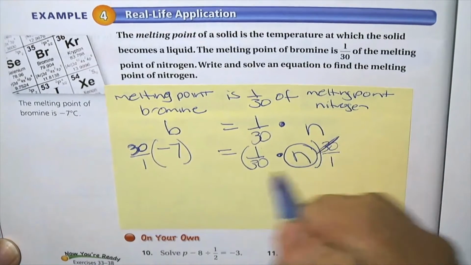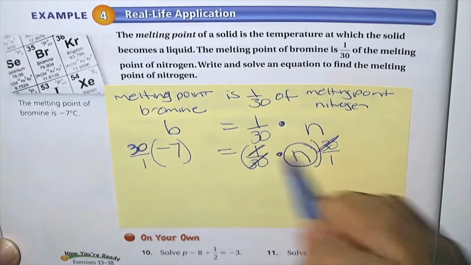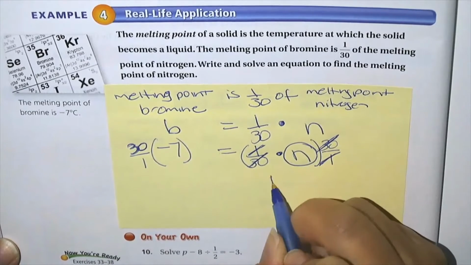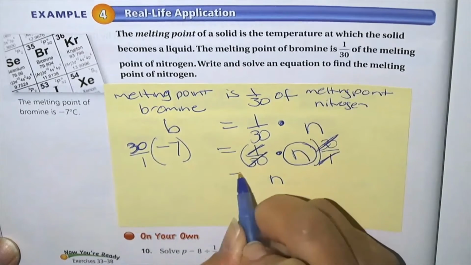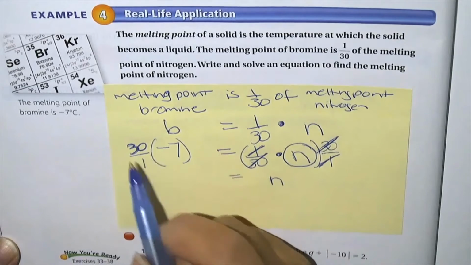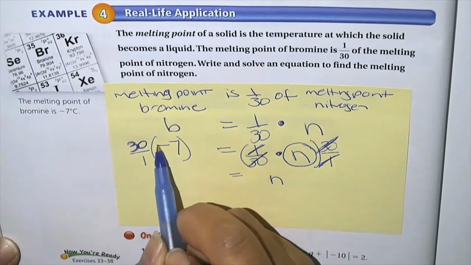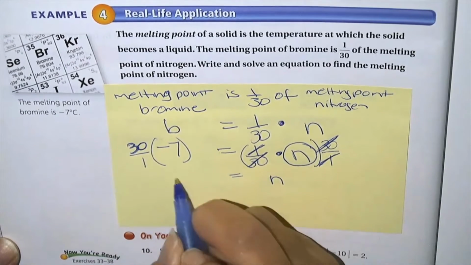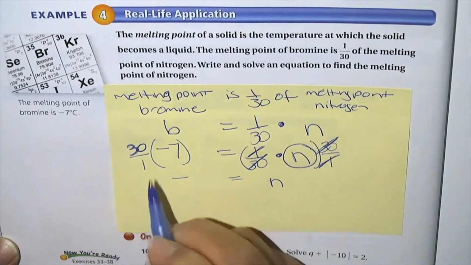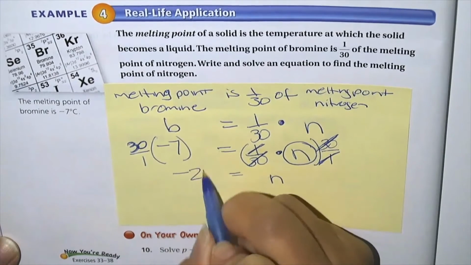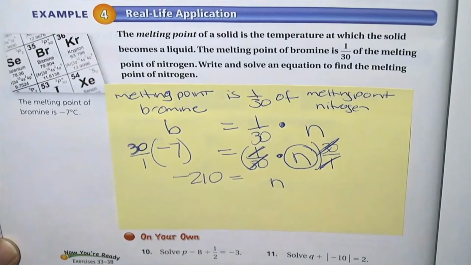Okay, my 30s cancel, my 1s cancel, and I'm left with nitrogen equals, I have a positive and a negative. I'm multiplying a positive and a negative, so my answer is negative. And 30 times 7 is 210.